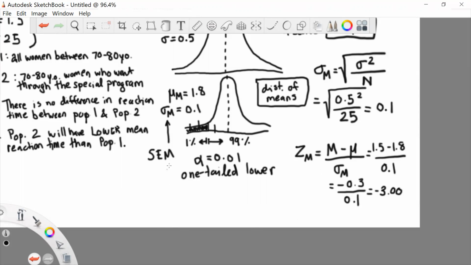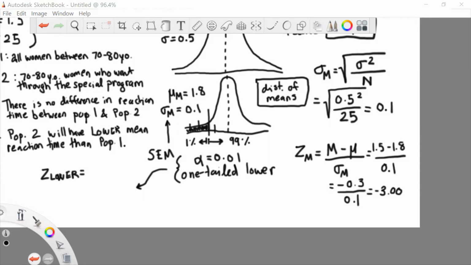But how does that compare to the critical z that forms the boundary between the region of rejection, everything on the lower tail, and the failure to reject region, which is everything else? All the information for finding that critical z, I'll call it z lower to indicate that it's the lower critical value, is available.